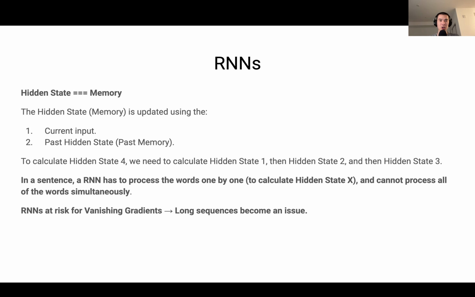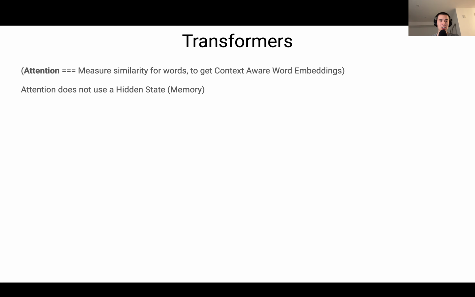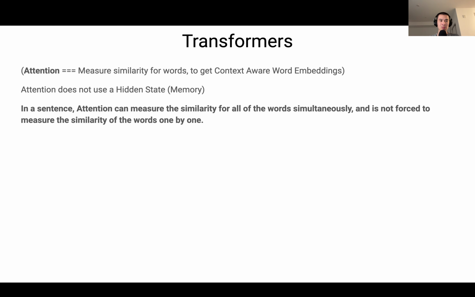Another weakness of RNNs is that they are at risk for vanishing gradients, so long sequences become an issue. As we talked about earlier in the course, LSTMs alleviate vanishing gradients, but still do not get rid of vanishing gradients. What about transformers? They use attention. Attention does not use a hidden state.